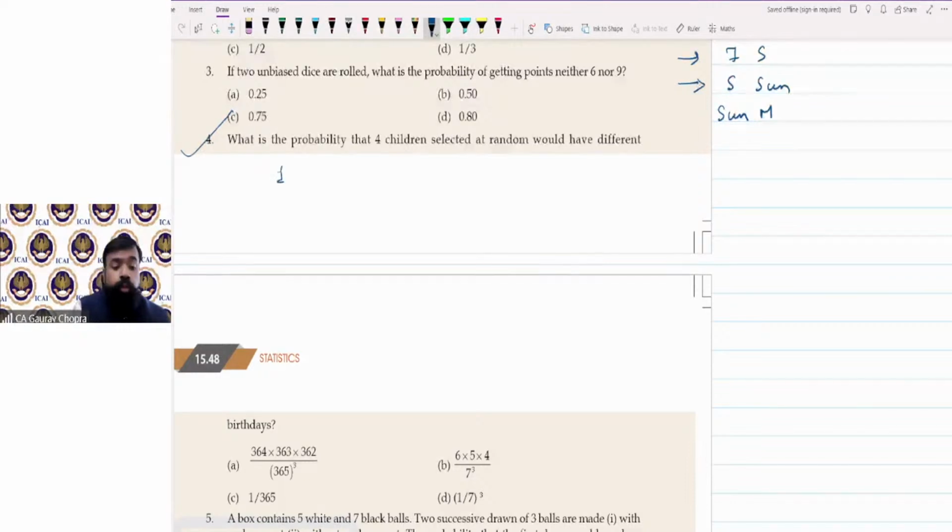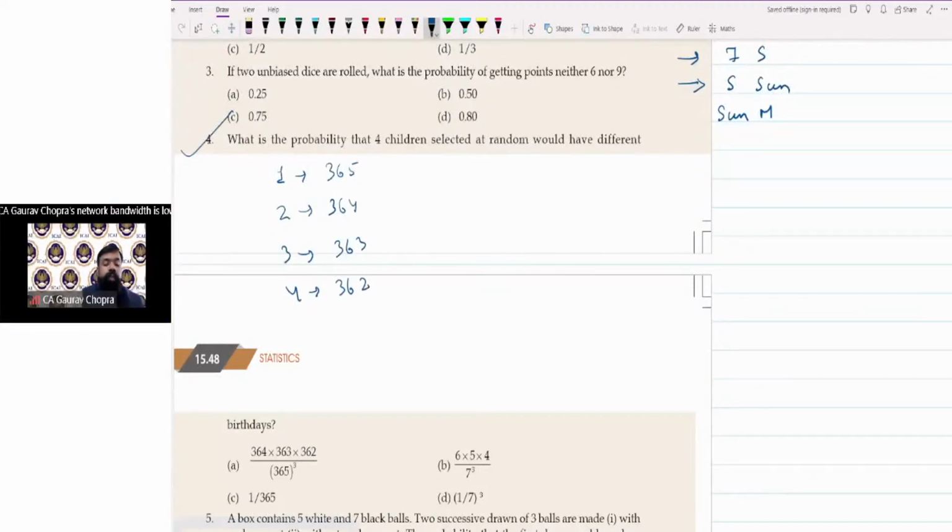So for the first child, all 365 days are favorable. Then for second child, 364 days are favorable because he cannot tie with the first one. For third child, 363 days are favorable, and the fourth one, 362 days are favorable.